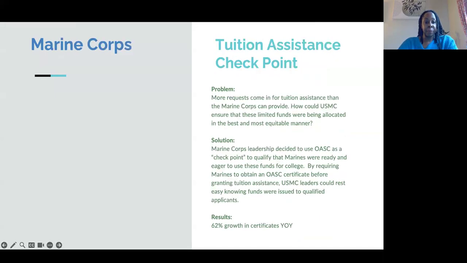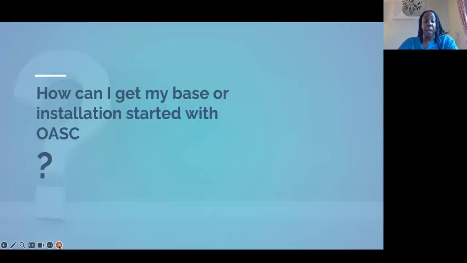Our population of troops in the Marines are not allowed to receive tuition assistance until they have completed the online academic skills course, to demonstrate that they're committed to an education program and ready to take on the challenge of college.